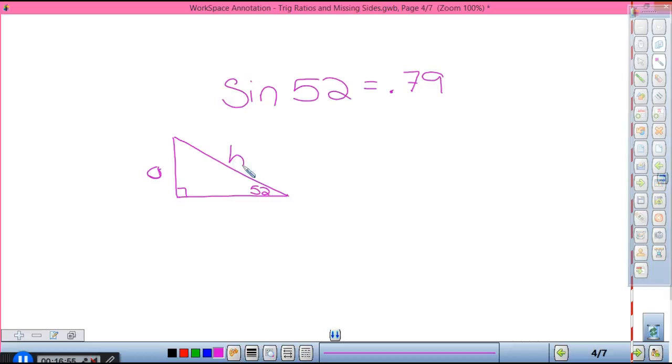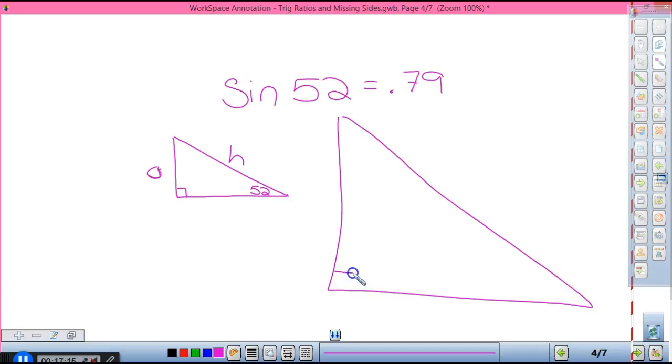That means in any right triangle with a 52-degree angle, opposite divided by hypotenuse is always going to be 0.79. If I had a triangle that looked like that, and this was a 52-degree angle, I'm still going to get opposite over hypotenuse equals 0.79.